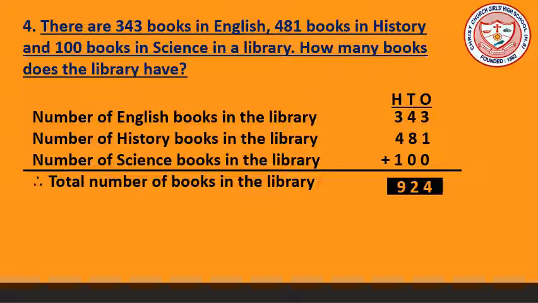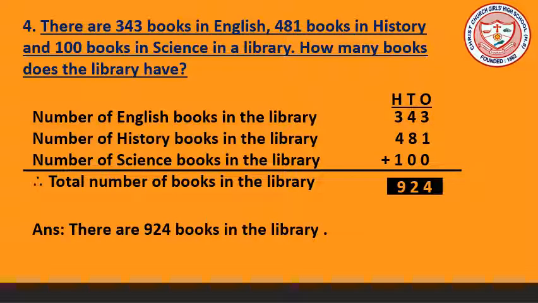That means first sentence, write the sentence, along with that you have to write the value or the numbers, right? Side by side. Got it? Okay, so the last thing is the answer. So here our answer will be, the library has 924 books. Done? Clear? Alright.